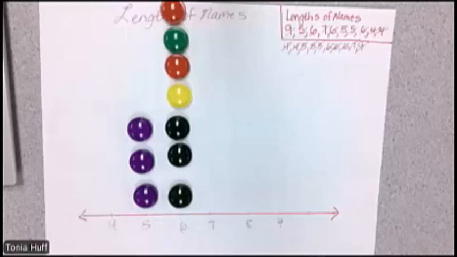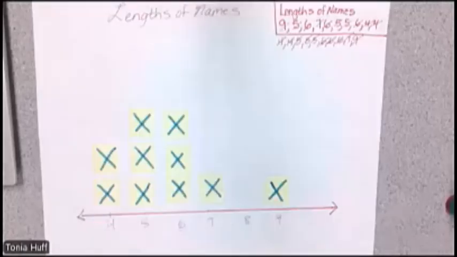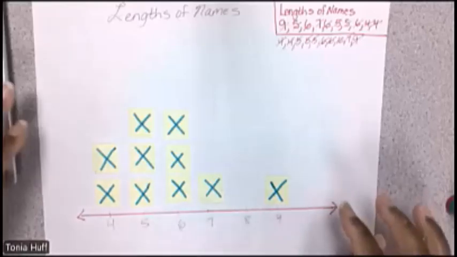Let's look at this situation using sticky notes marked with X's, more like a traditional looking line plot. Okay, so looking at this example, I'll begin moving towards the center with sticky notes until I've determined the mean. This is the same exact process as before, but you may decide that you want to do sticky notes as opposed to the counters, which is perfectly fine as well.